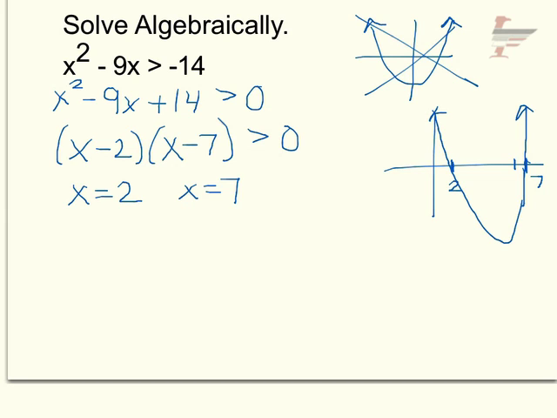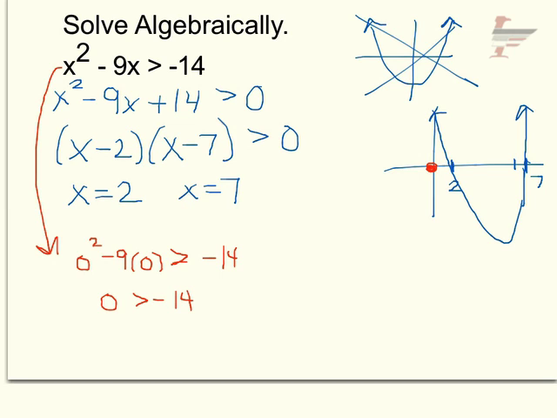Well, how do I figure that out? Well, I test a point. So if I tested 0, just because it's so easy, let's see what happens. And I'd go back up to the original just to be safe. So 0 squared minus 9 times 0, is that greater than negative 14? So that's 0. Is 0 greater than negative 14? And yes, it is. So I want to shade towards 0 because it worked.